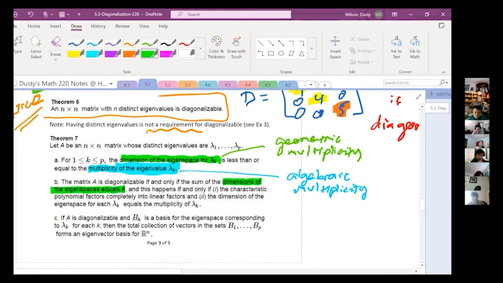Basically, if the sum of the geometric multiplicities is n. And C, if A is diagonalizable and Bk is a basis for the eigenspace corresponding to lambda k for each k, then the total collection of vectors in the sets B1 to Bp forms an eigenvector basis for Rn. So this is a complicated way of saying it's diagonalizable if there's an eigenbasis.